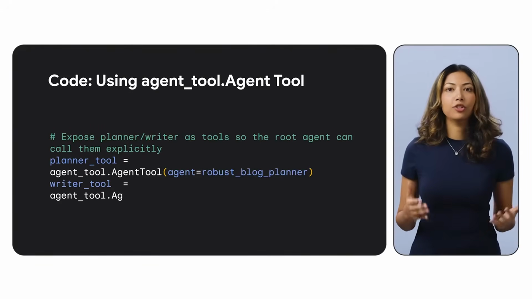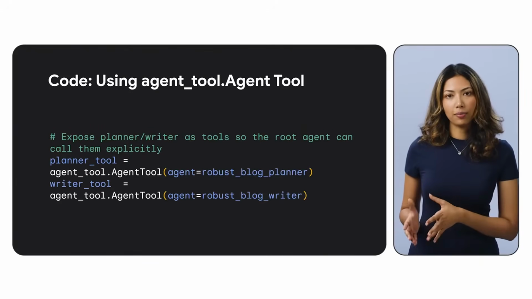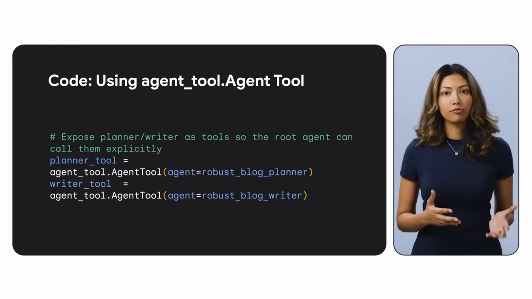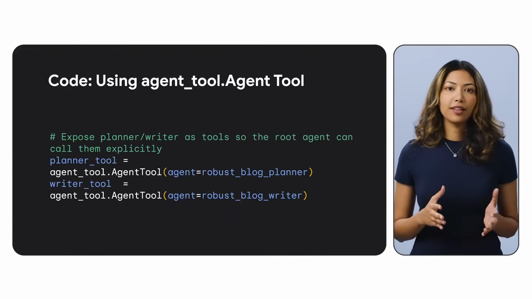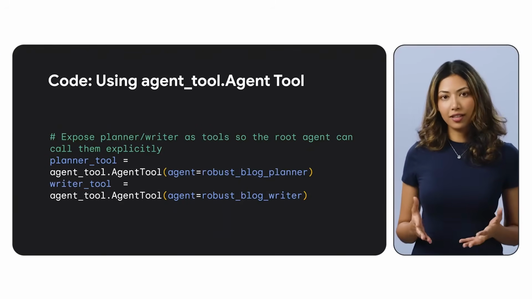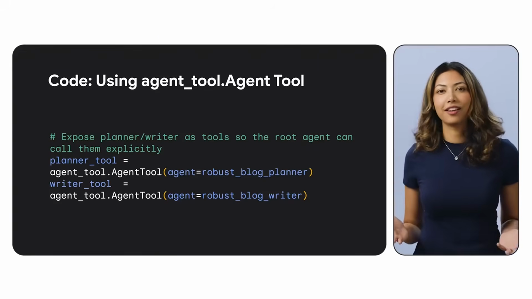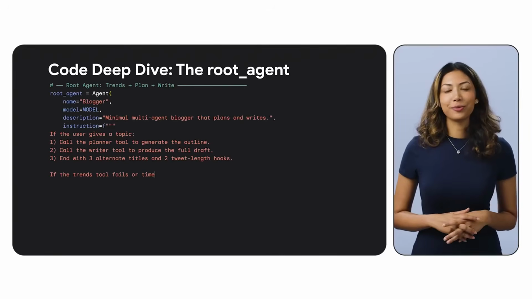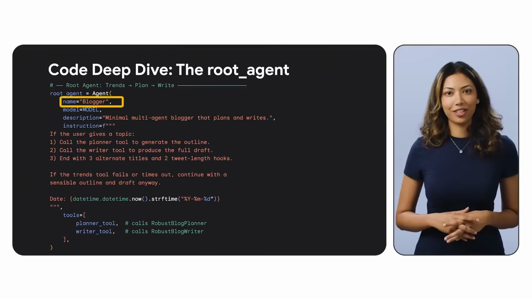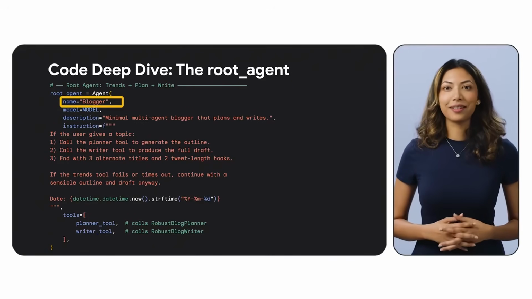Now, we wrap each loop, the robust blog planner and the robust blog writer, as tools. This is what lets the root agent call them directly without worrying about what's happening inside. Finally, we put it all together with the root agent called Blogger. The instructions for Blogger are simple.